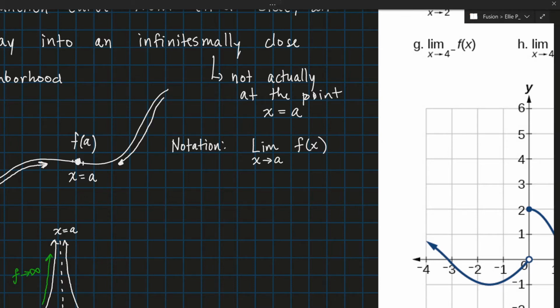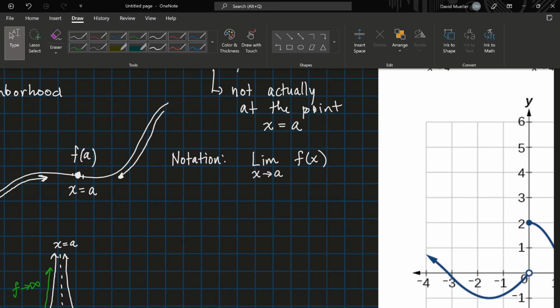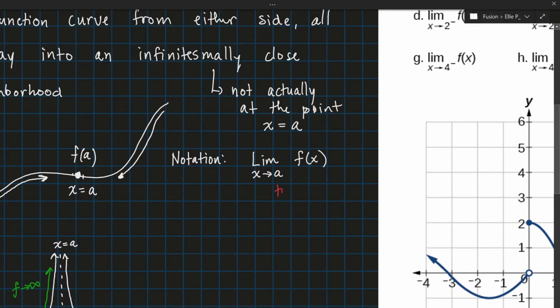So this is what we call a two-sided limit. But there's also one-sided limits.